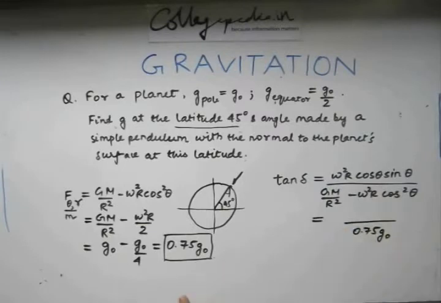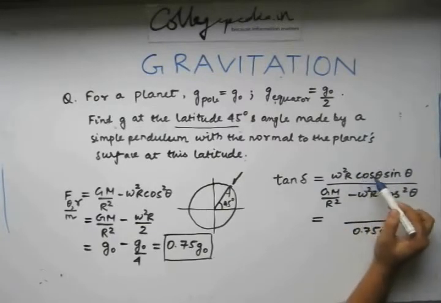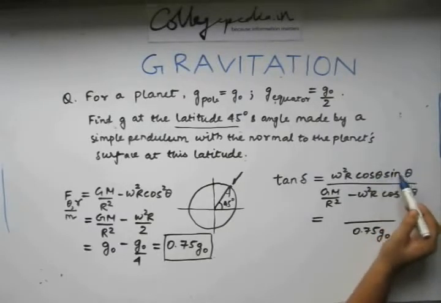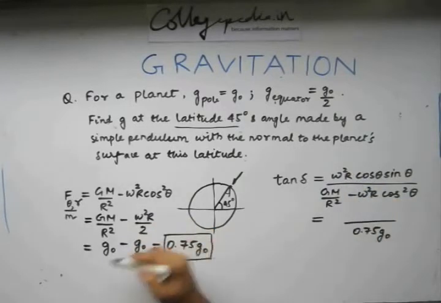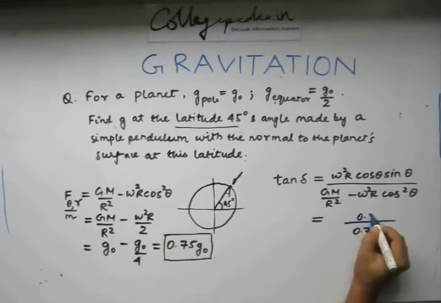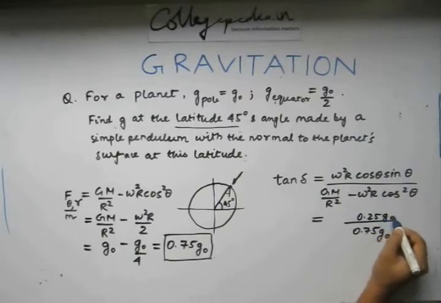The numerator here is calculated by putting the value of theta. If you put the value of theta in both, we get half again, we get omega square R again, and thus we get g naught by 4, which is 0.25 g naught.